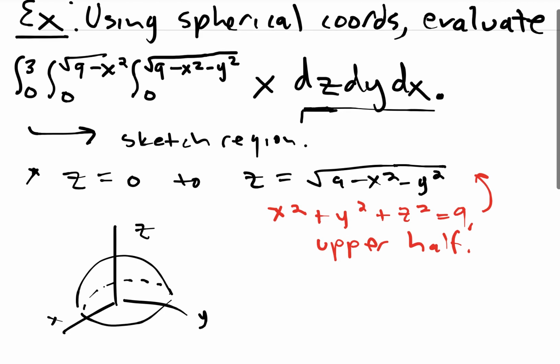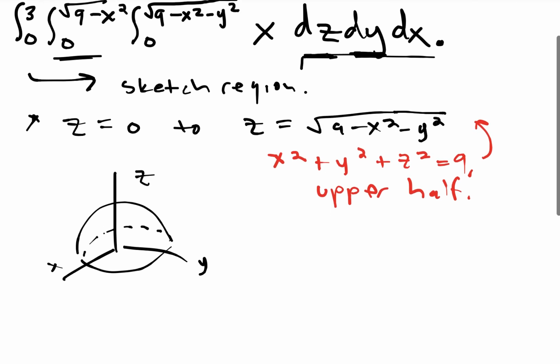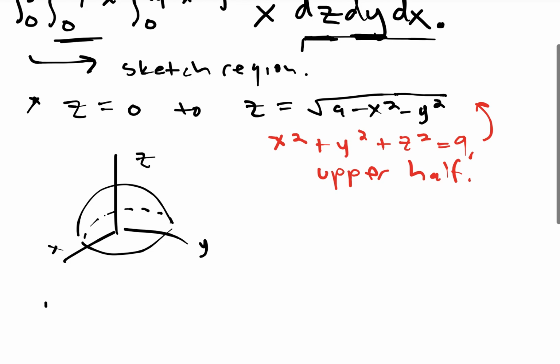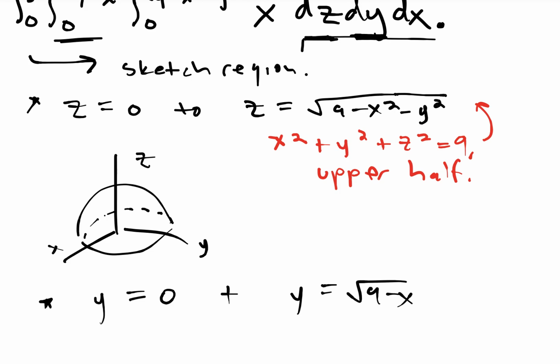But I do have to pay careful attention to what's going on with the rest of my bounds, right? Like, for example, I've mentioned that y has to be stuck between 0 and root 9 minus x squared. Okay, so y equals 0 to y equals root 9 minus x squared. Similar comments here. You guys have hopefully dealt with circles and spheres enough that we can recognize that this thing looks like the upper half of a circle.